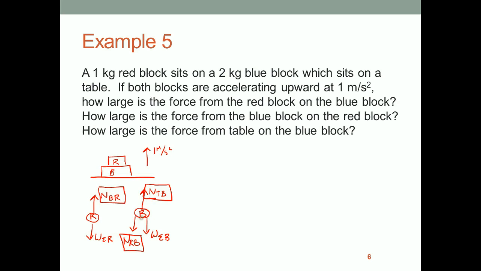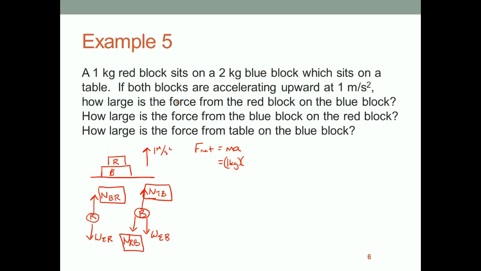If I look at the blue block, I realize I can't do anything really here because I don't have enough information. There are 2 unknown forces. So I'm going to start with the red block. The red block has a mass of 1 kilogram.